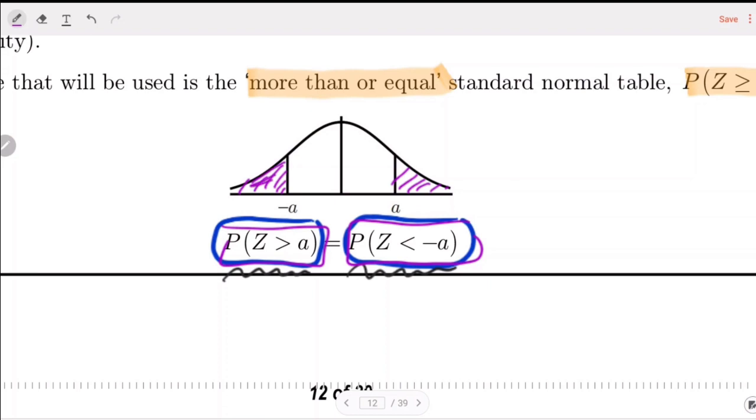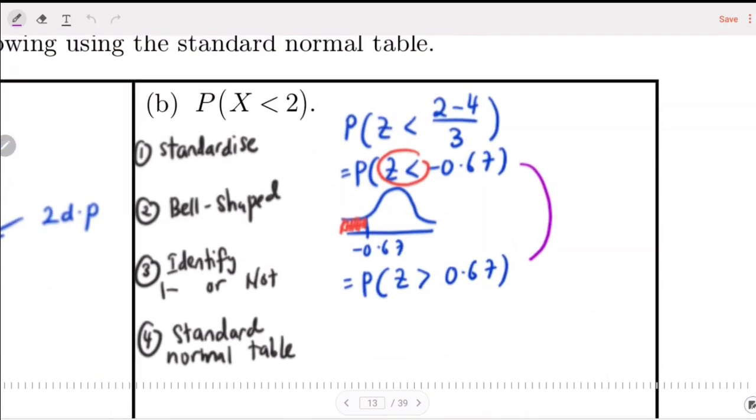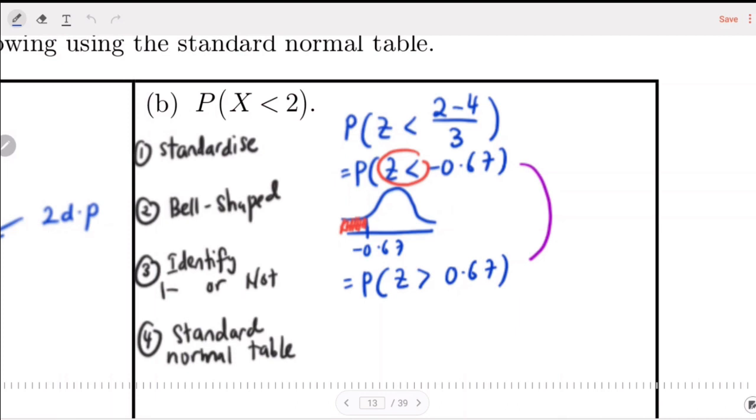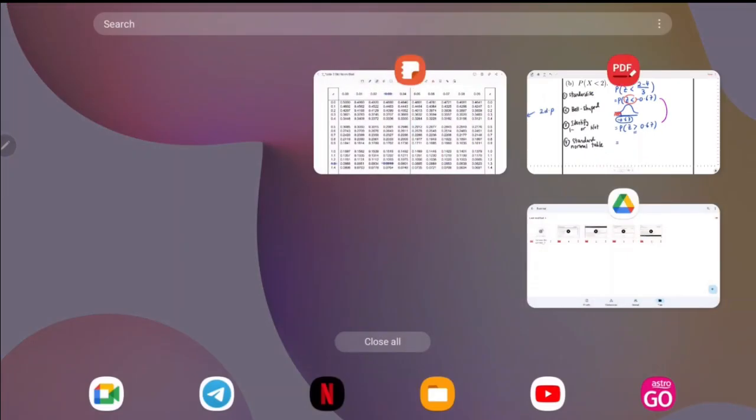So we can look here that the area for the shaded region is equally the same. So that's why the probability for z less than negative 0.67 is actually equal to probability for z greater than 0.67. Or just simply put it greater than and take the value here but make it positive in order to use the standard normal table. And then the last step is to take a look at the standard normal table for 0.67.